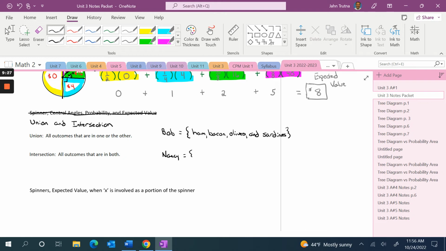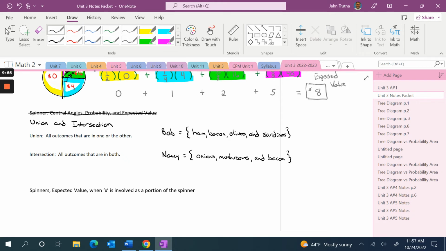Nancy likes onions, mushrooms, and bacon. Okay? So we would refer to the set of toppings for Bob as ham, bacon, olives, and sardines.